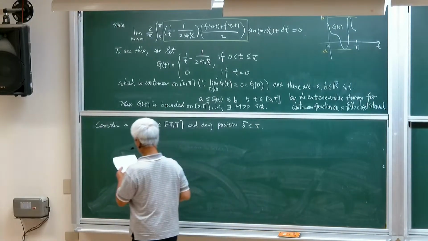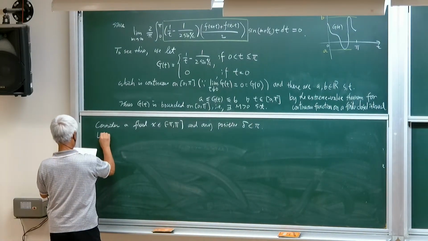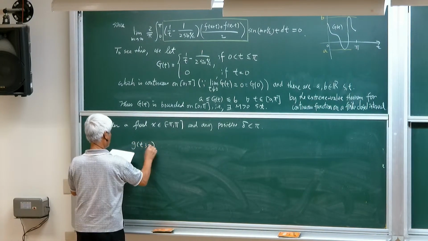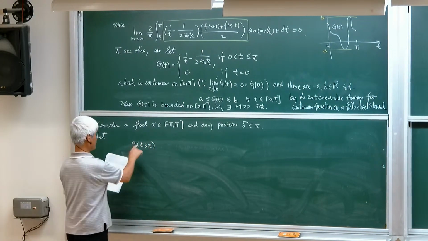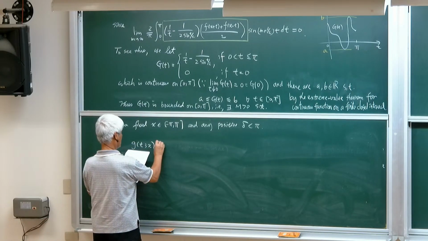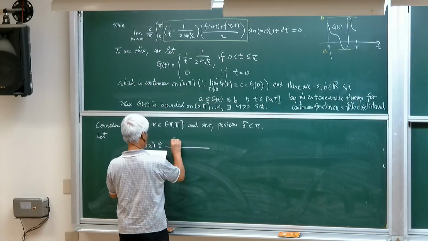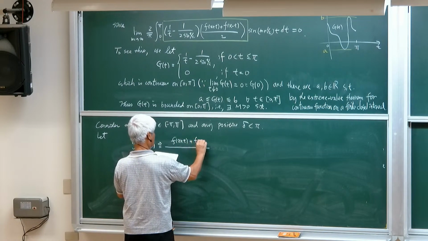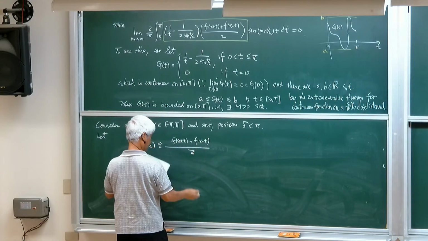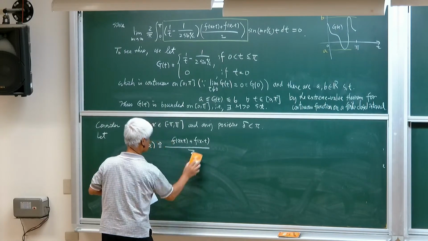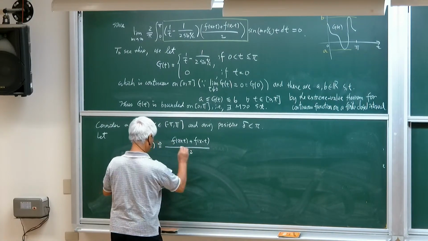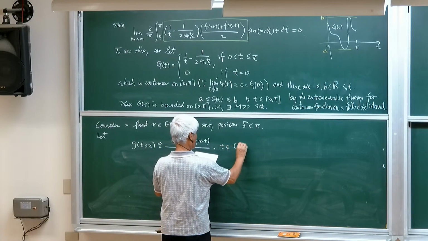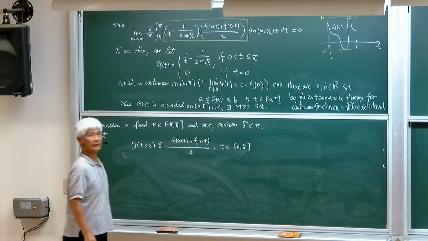And then we let a function little g of t with parameter x. So it's a function of t with parameter x. This is defined to be this average divided by 2. And this function is defined from 0 to delta.